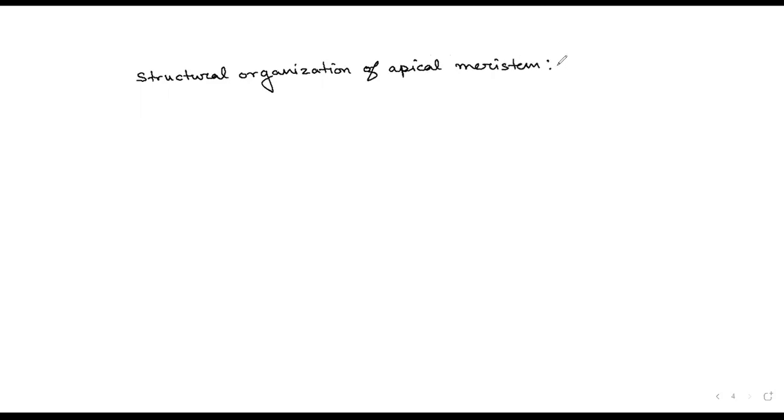So what is the structural organization of apical meristem?